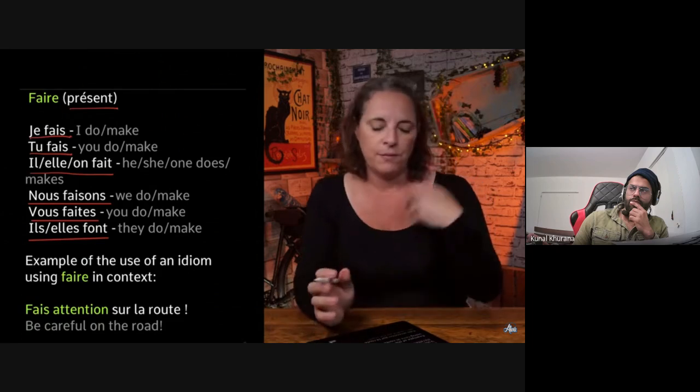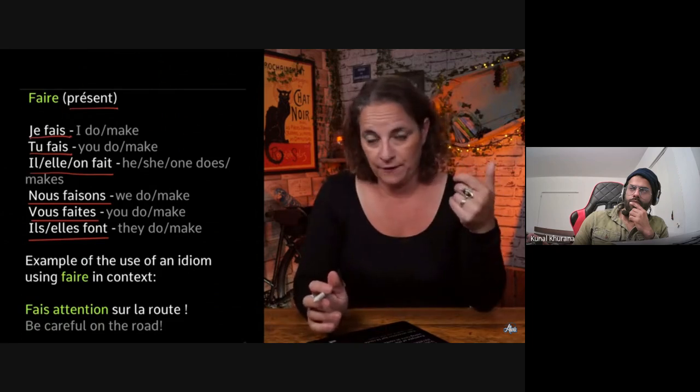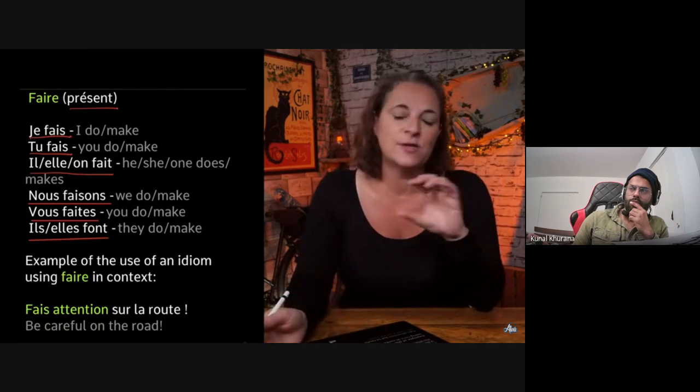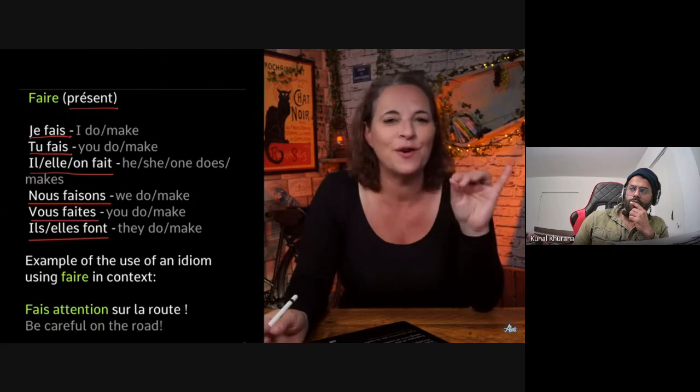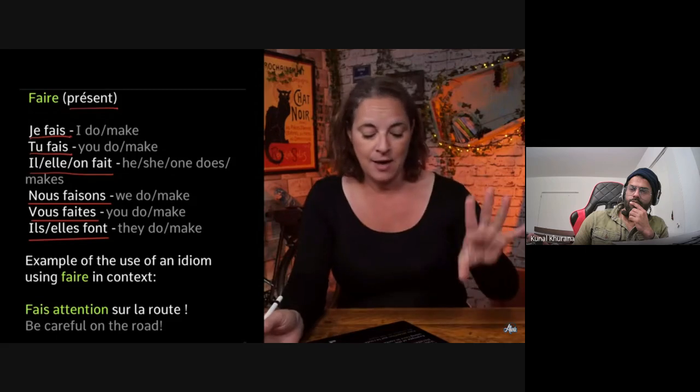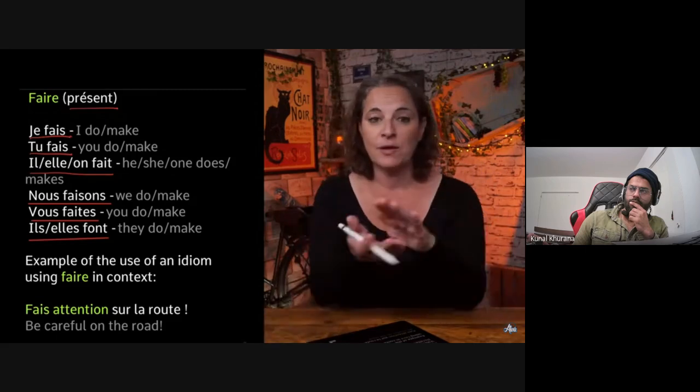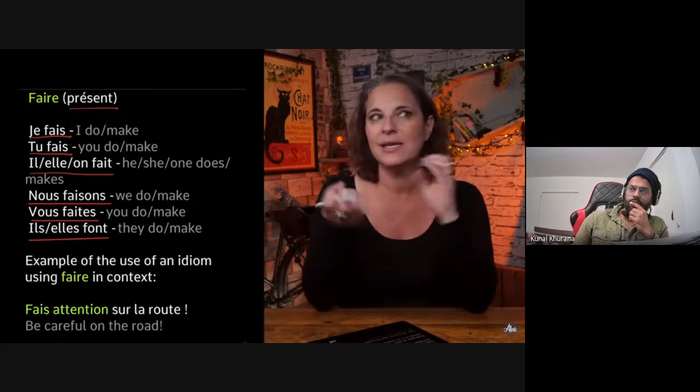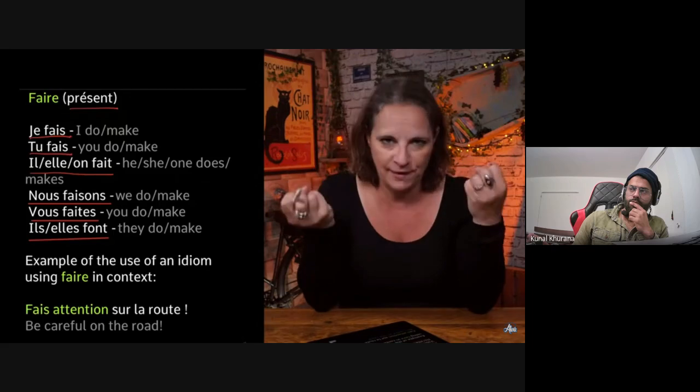Okay. So, again, knowing how to conjugate faire doesn't hurt. I mean, I think this is one of the most important verbs, as well as avoir and être, that needs to be learnt in French. Anyways, okay? But then when you put faire with another word and it creates an idiom, it becomes more difficult.